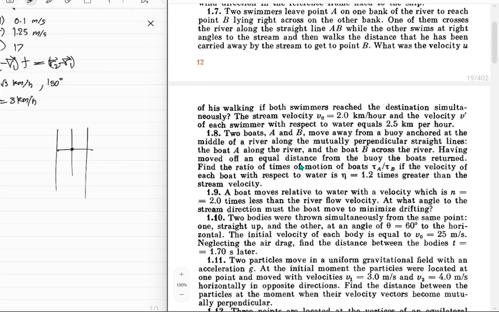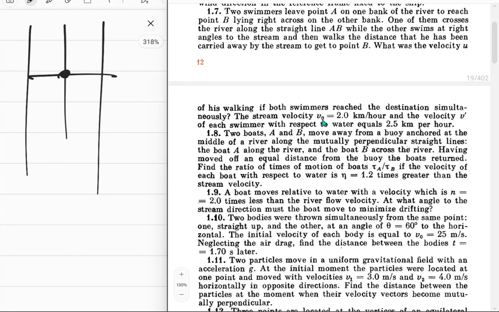Having moved off an equal distance from the buoy, okay, equal distance from the buoy. Wait, so they both start at the buoy, I think. Away from a buoy, fine. So yes, they both start at the buoy. Moved off equal distances from the buoy. If the boats returned, find the ratio of the times of motion of boats.